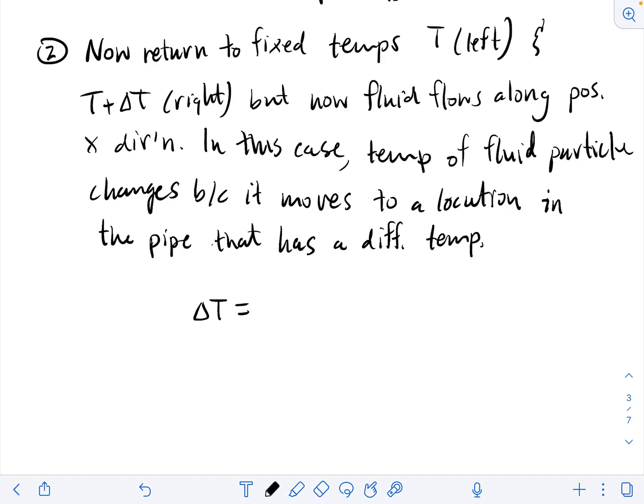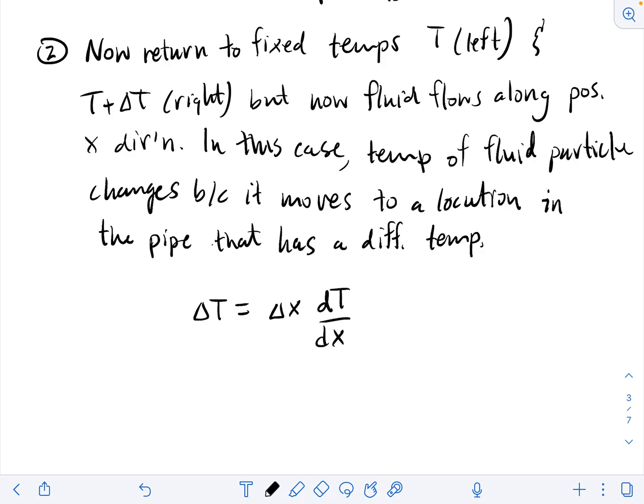So how much is its temperature going to change? Well, we take the distance that the particle has moved, and multiply it by the known temperature gradient, and that would tell us what the temperature change is.